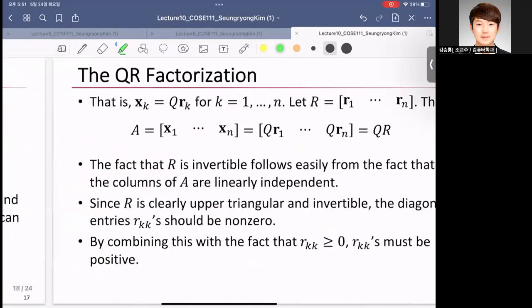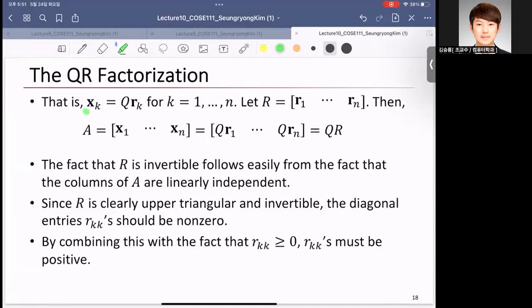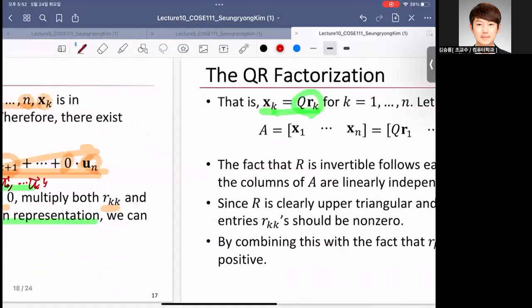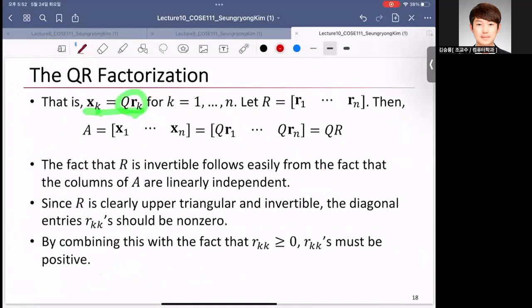In other words, x_k is equal to Q r_k, right? We discussed here, which is Q. x_k is equal to Q times r_k for k equal to 1 to n.